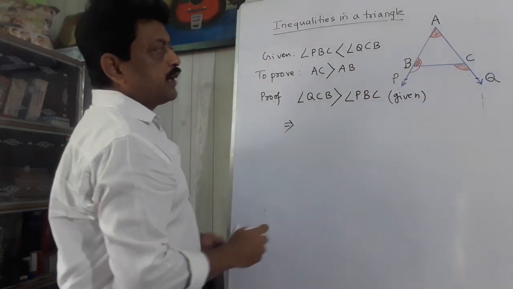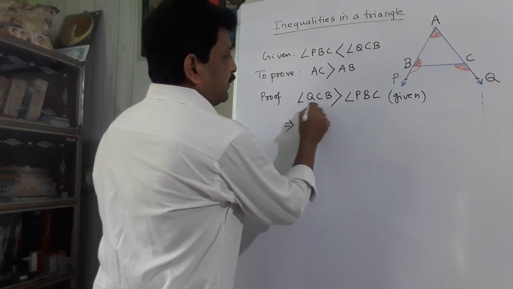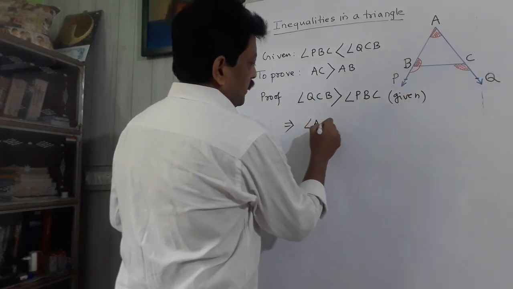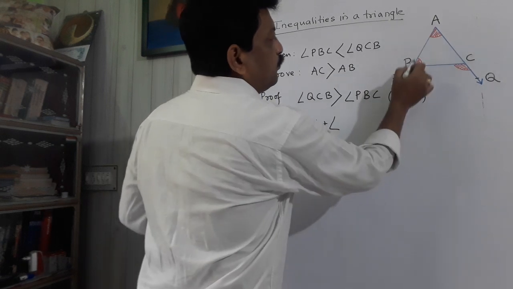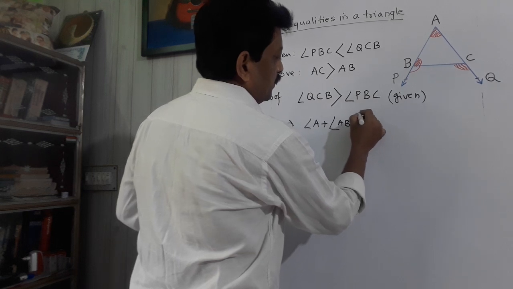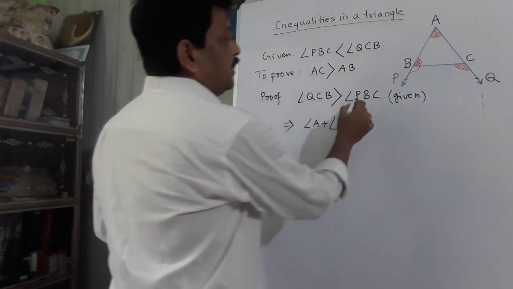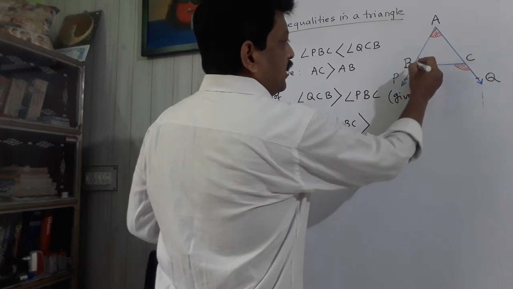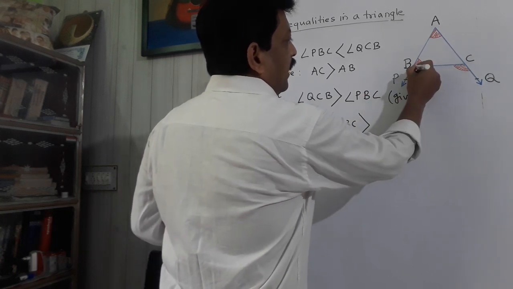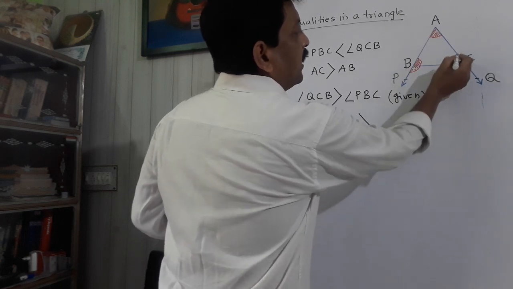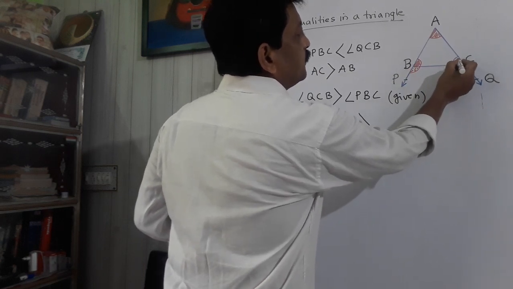As you can see from the diagram that in place of QCB I can write angle A plus angle ABC. Similarly in place of PBC, I can also write angle A plus angle ACB.